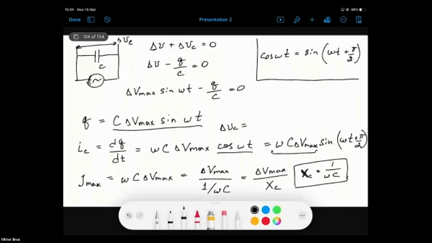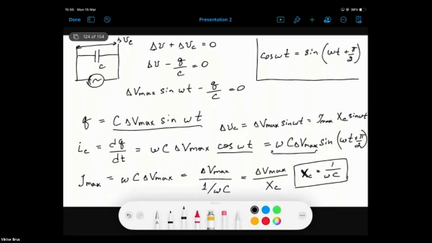So this is actually what we apply, V maximum sinus omega t, and this is equal to I maximum times XC times sinus omega t. So now let us explain why capacitive reactance decreases with increase of frequency.